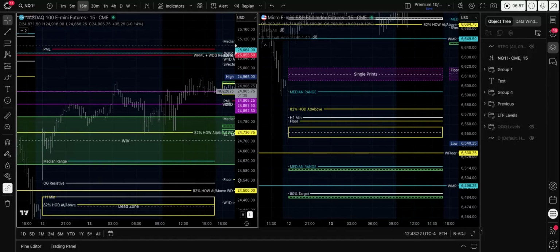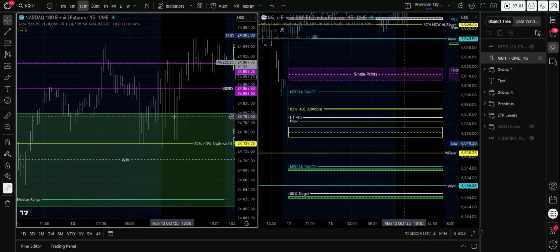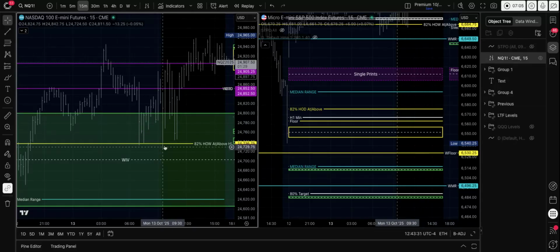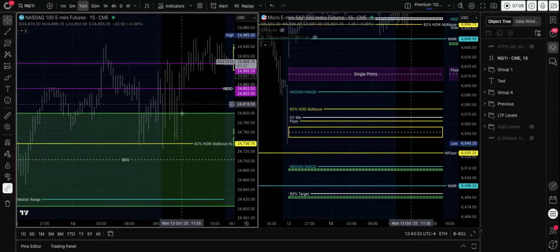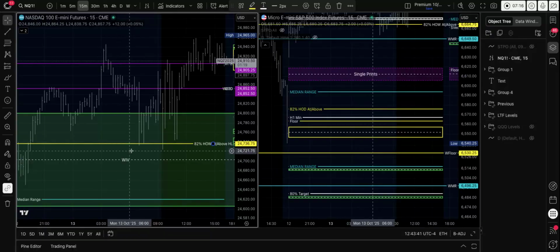And then you might ask, where and when do I move my stop? Essentially, because of how these levels work, I would have moved my stop after getting above the weekly IV wall. So let's say I've got in here at equal lows and the 82% high of week above.